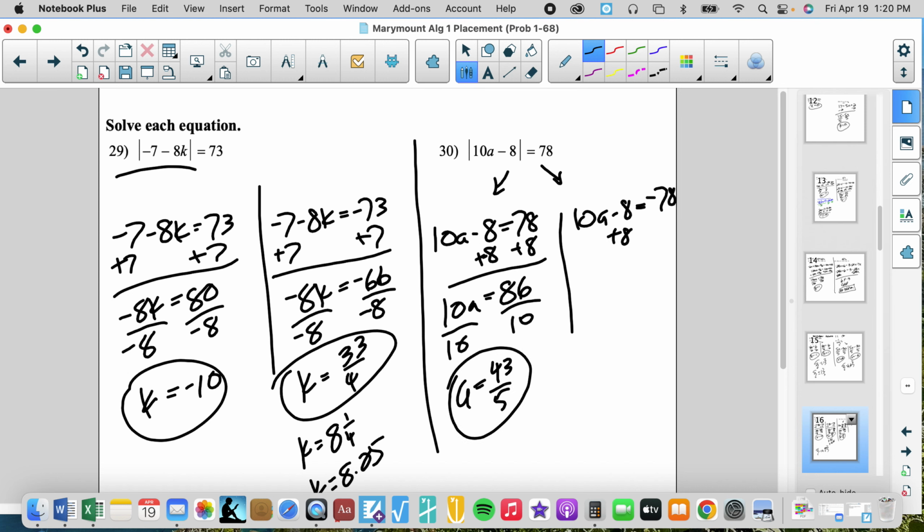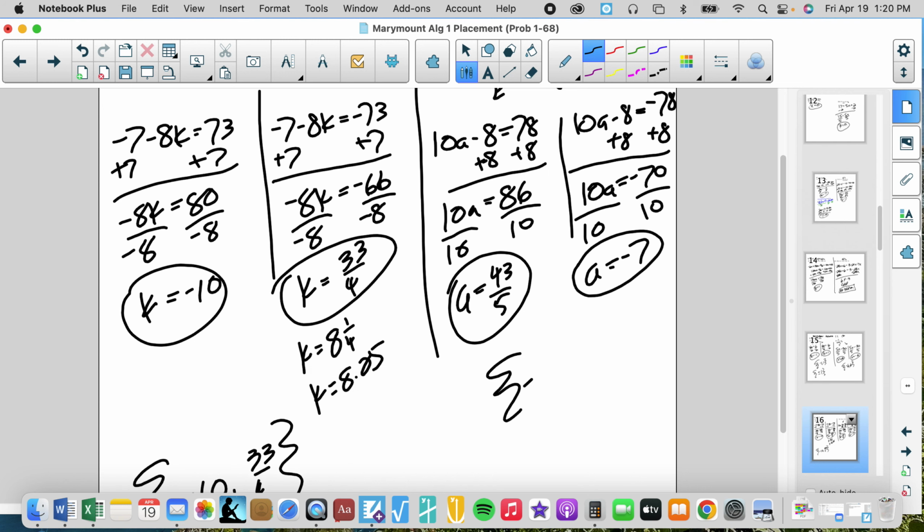Let's add 8, add 8. We get 10a equals negative 70. Divide by 10. We get a equals negative 7. I'm going to put my solutions in numerical order. Negative 7 and 43/5 are my two solutions. Yeah, they don't put them in numerical order.